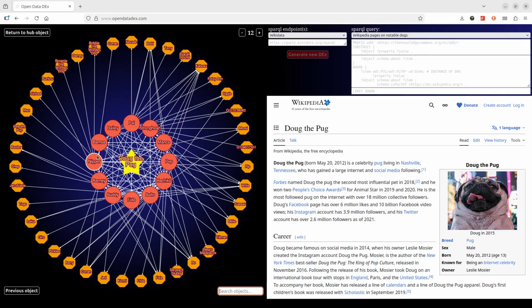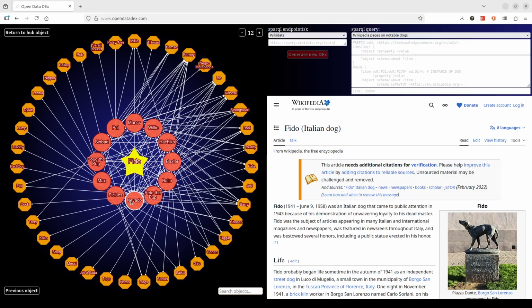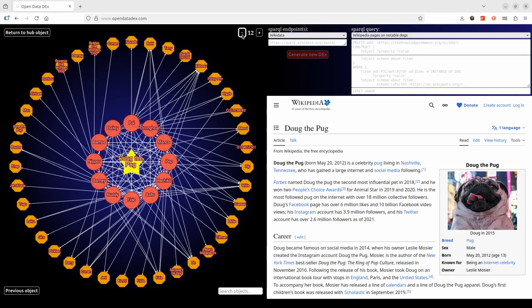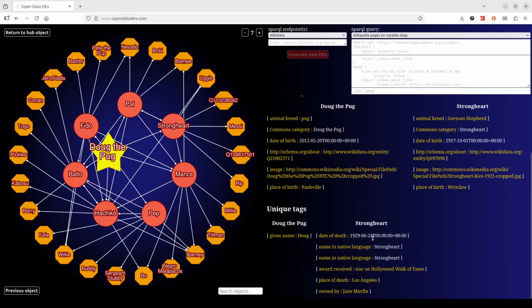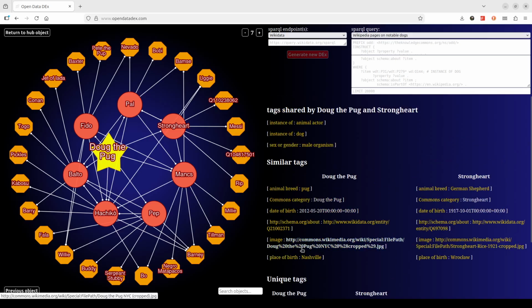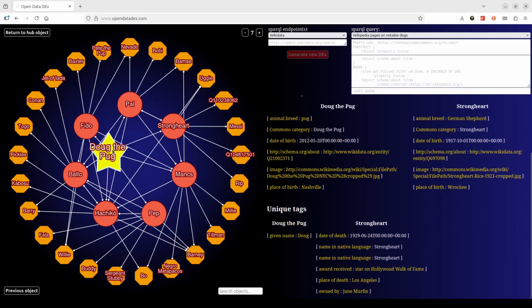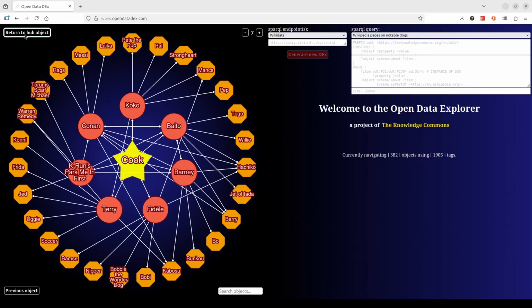And yeah, we're just not seeing that cluster, and I'm guessing it's because I bet there's not a ton of data on Doug the pug. So Doug the pug and Strongheart, yeah, there's just not much data. And so the more data there is, the better clusters you'll get. But again, like I said, I still think it's fun and interesting to go through these.